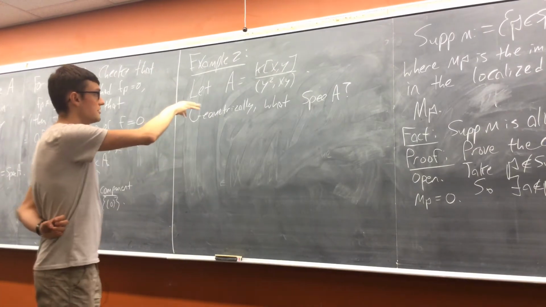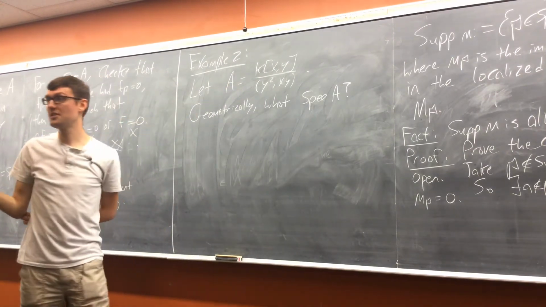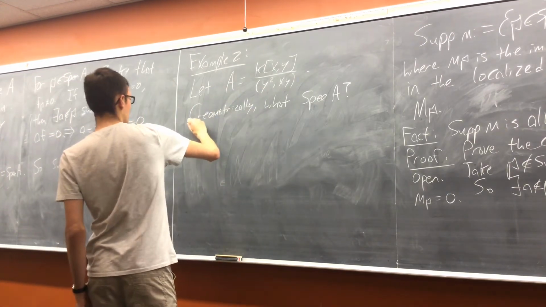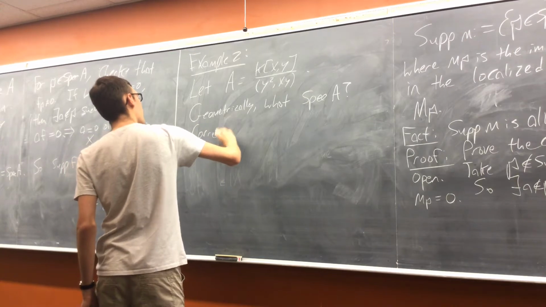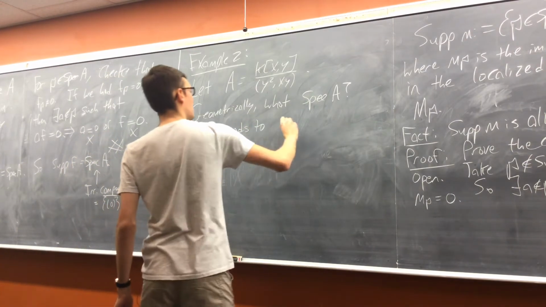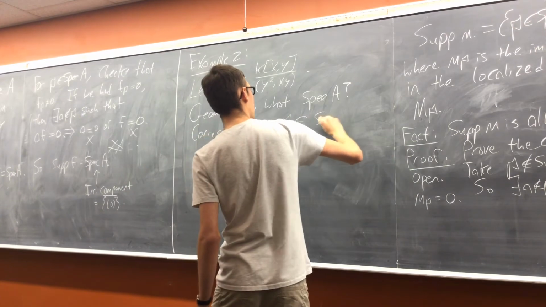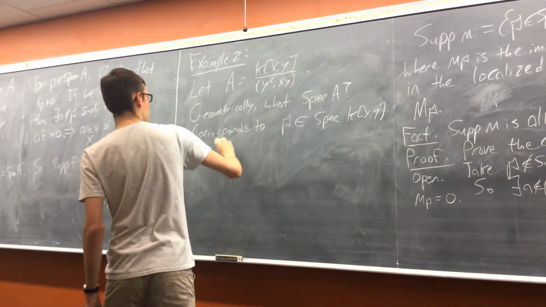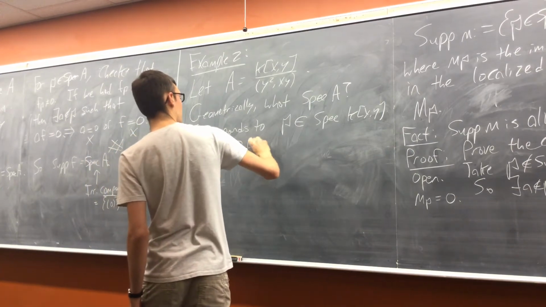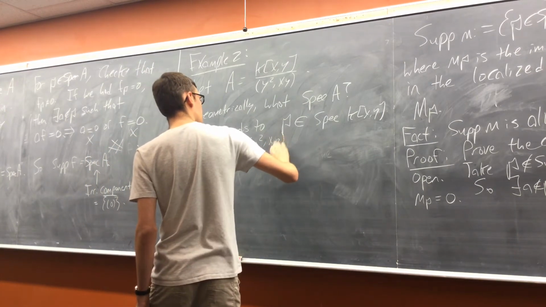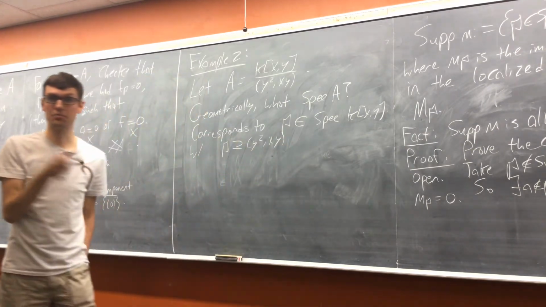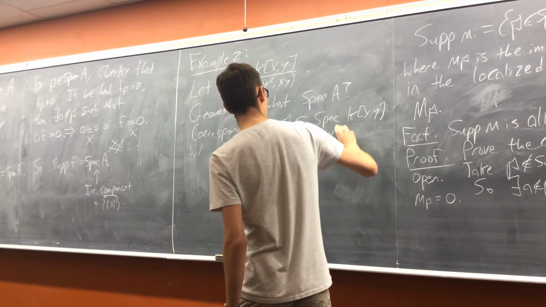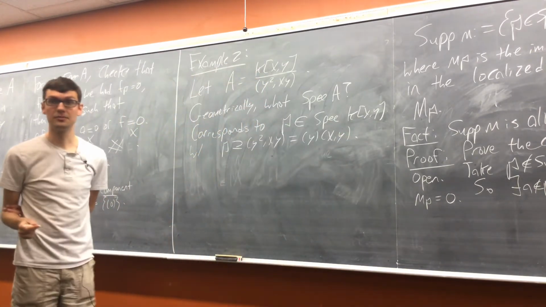We're looking at the prime ideals of this ring, which are the same as prime ideals of the polynomial ring that contain this ideal, so they correspond to P in Spec k[x,y] with P containing this. But I can actually write this ideal as the product of two other ideals: the ideal generated by y times the ideal generated by x, y.